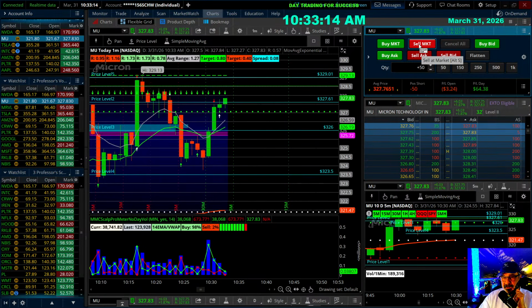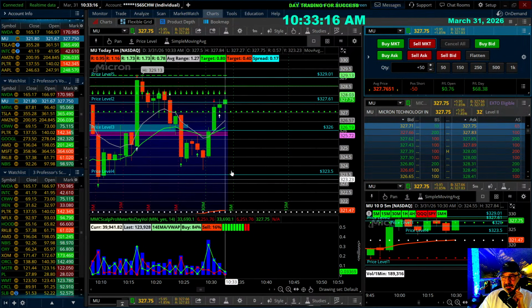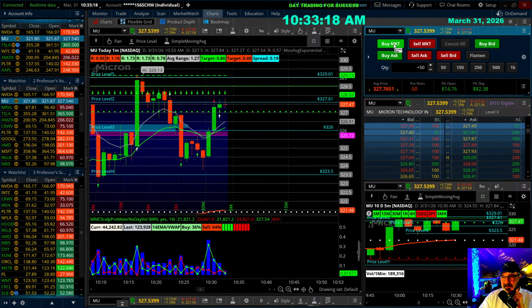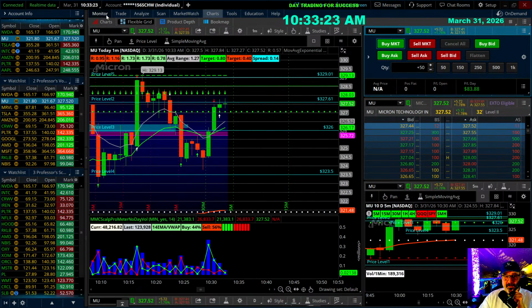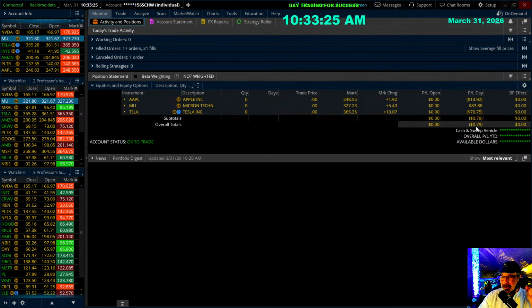I'm going to take that just because it's so weak that I think we might get a recoil right there. There we go. I think that actually made me green. Yes! No, 79 down.